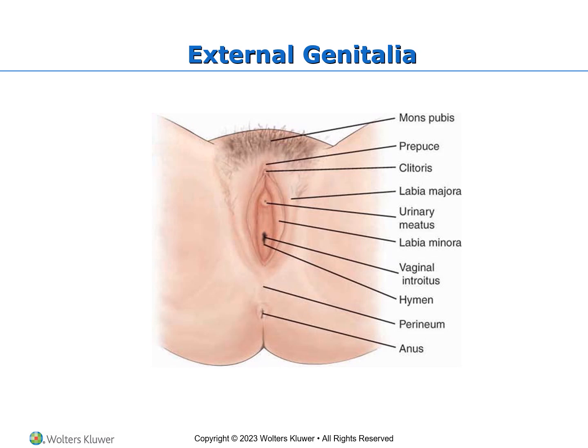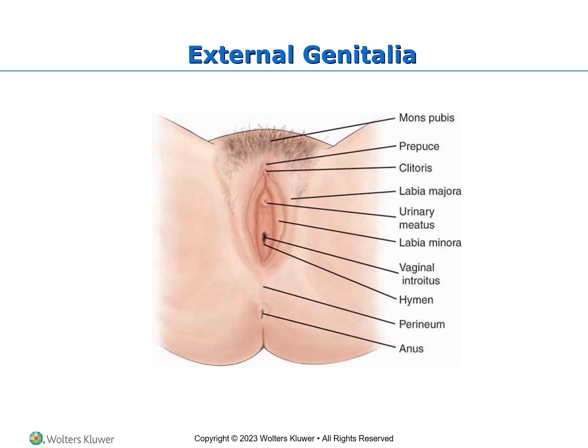When we're assessing the external genitalia, we should inspect for color and pigmentation, symmetry, hair distribution, any lesions, ulcers or masses, swelling or edema, discharge, and signs of infection or trauma. Normal findings include intact skin, absence of lesions, no unusual discharge, and structures that are free of tenderness, swelling, or inflammation.